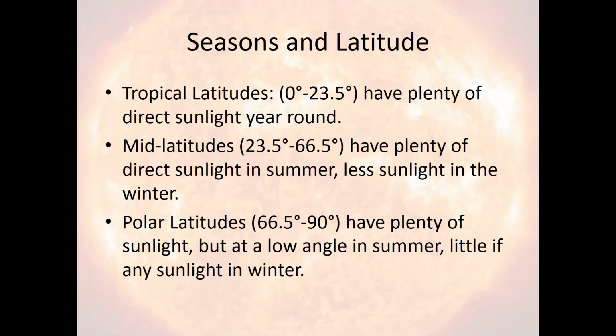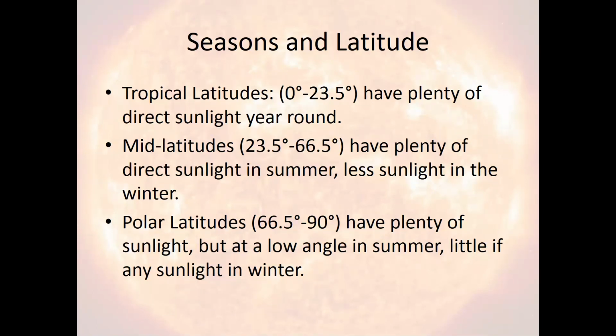However, the most extreme difference you'll notice here on Earth is actually in the polar latitudes. The polar latitudes are between 66.5 degrees, which is called the Arctic Circle in the Northern Hemisphere, and the Antarctic Circle in the Southern Hemisphere, and 90 degrees, which is the North Pole or the South Pole. In the polar latitudes, during the summertime, you have substantial amounts of sunlight.